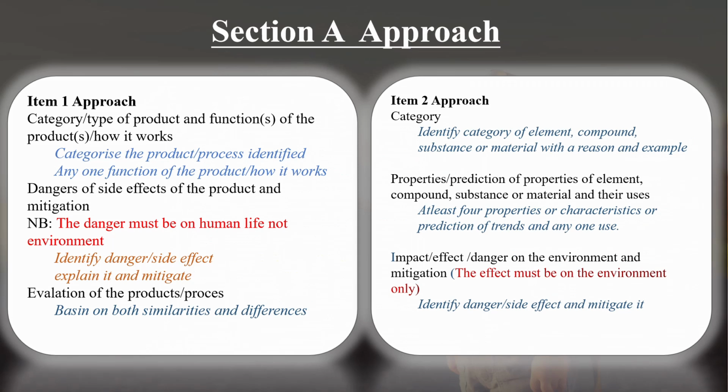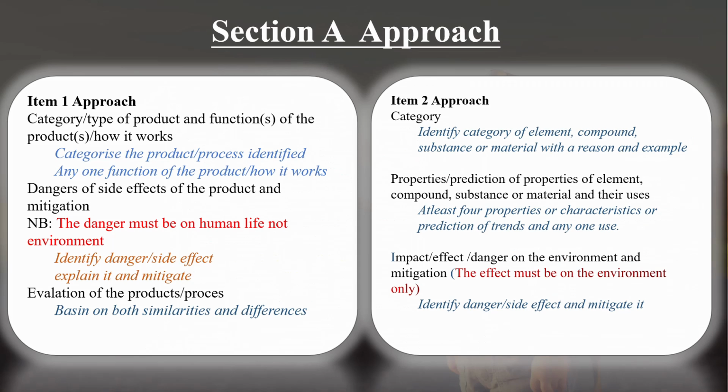After that, you include the impact, the side effect or the dangers on the environment, and the mitigation. So this time around in section A part 2, the danger or side effects or impact are going to be on the environment only.